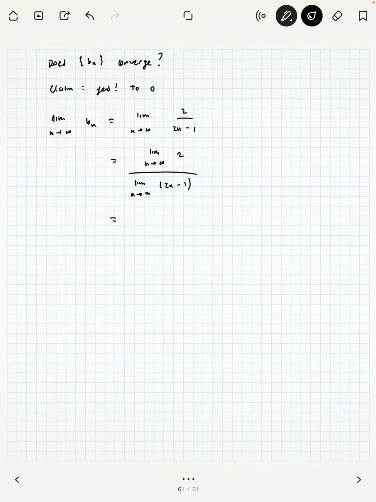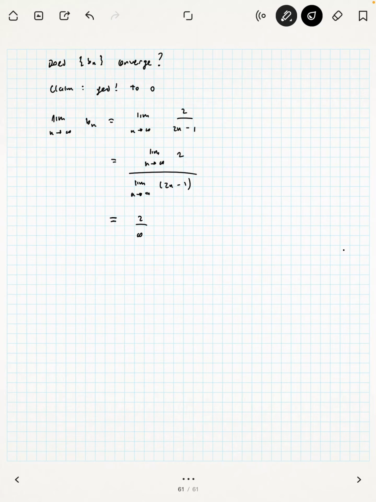It works in exactly the same way as it does with functional limits: constants will not be touched by the limit, they will just be constants, and expressions with n blow up. So we actually end up with 2 over infinity, so to speak.